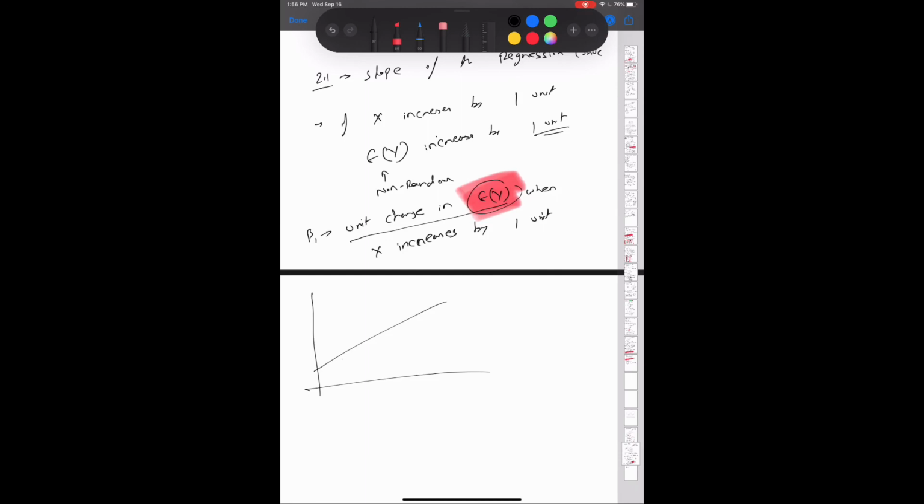Let's assume that I don't know the regression line. Let's say I have this regression data, and I have 1, 2, 3, 4, so a bunch of data here. Let's say this is the true regression line that you don't observe.